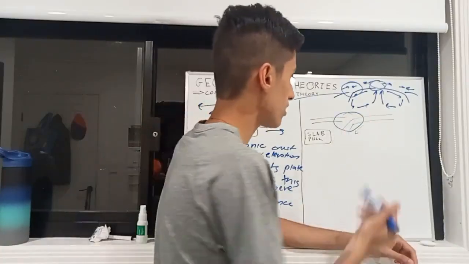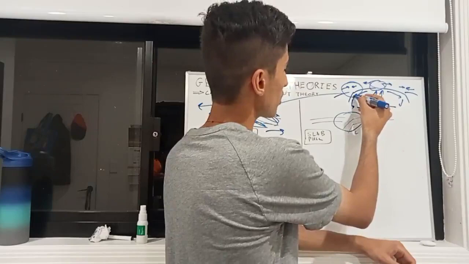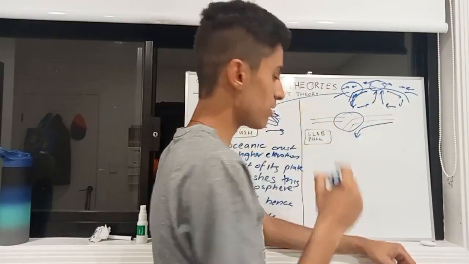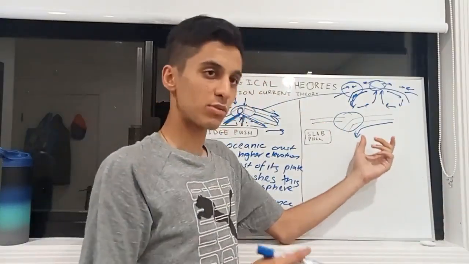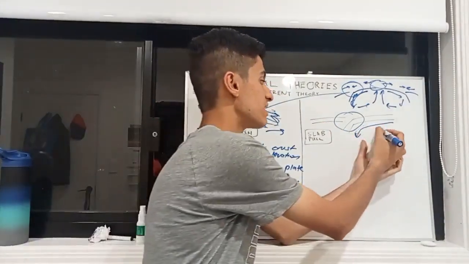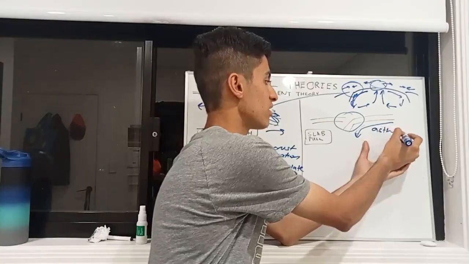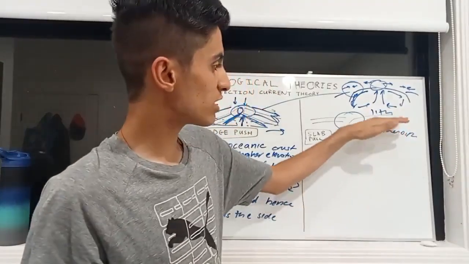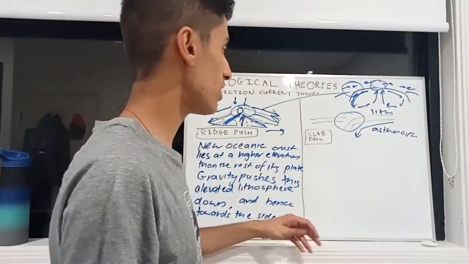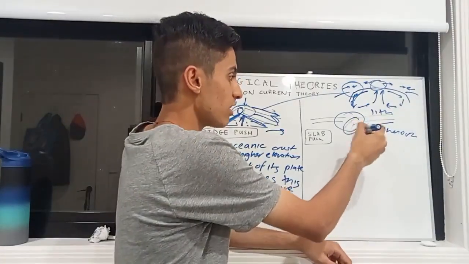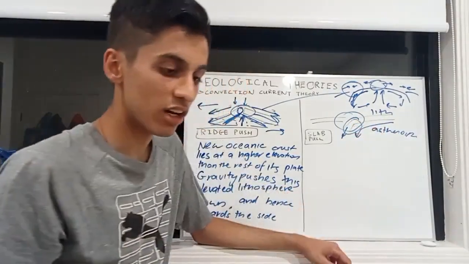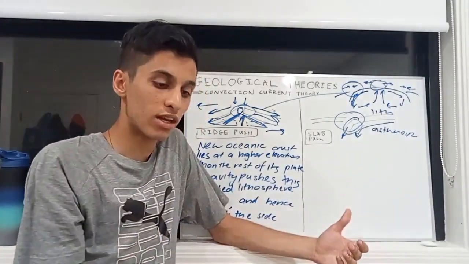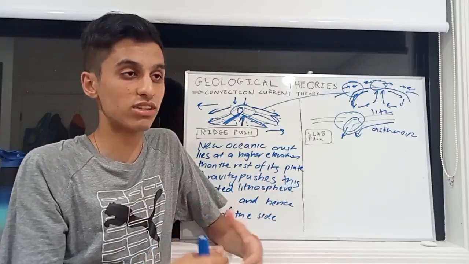This is where the convection current comes down. So here the convection current is coming down. So at first, the friction, as we discussed before, between the asthenosphere and the lithosphere moves this plate this way. But after a certain point, because of the crust that gets subducted underneath, the plate just starts going down on itself.